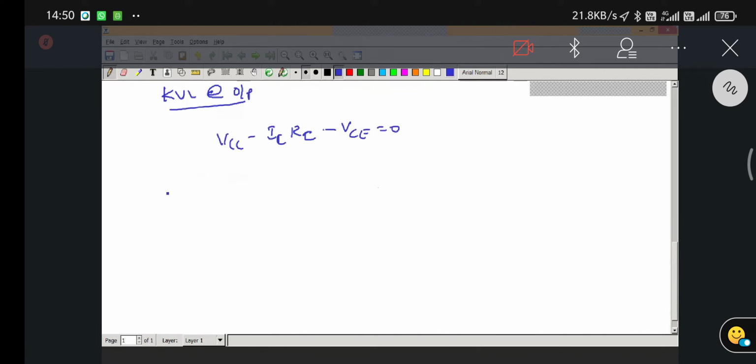So if I make IC equal to 0 in the above expression, then VCE will be VCC. That implies point A will be VCC comma 0.